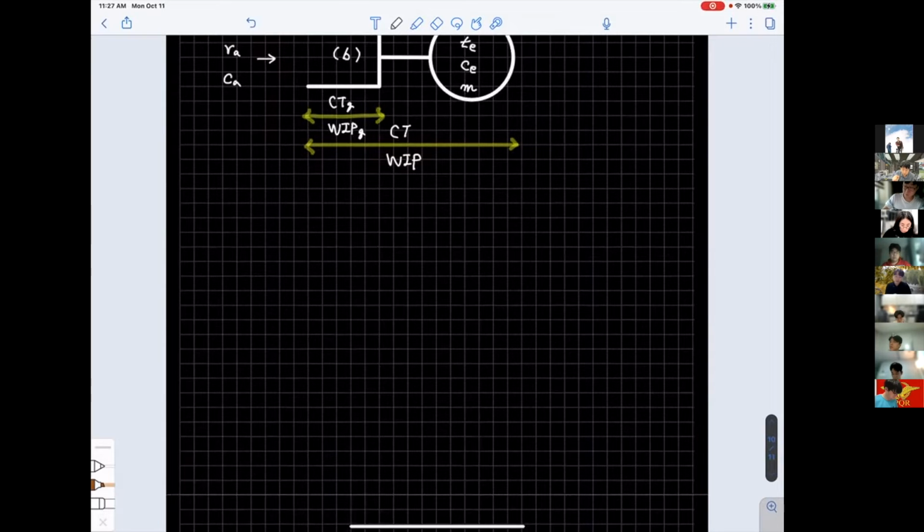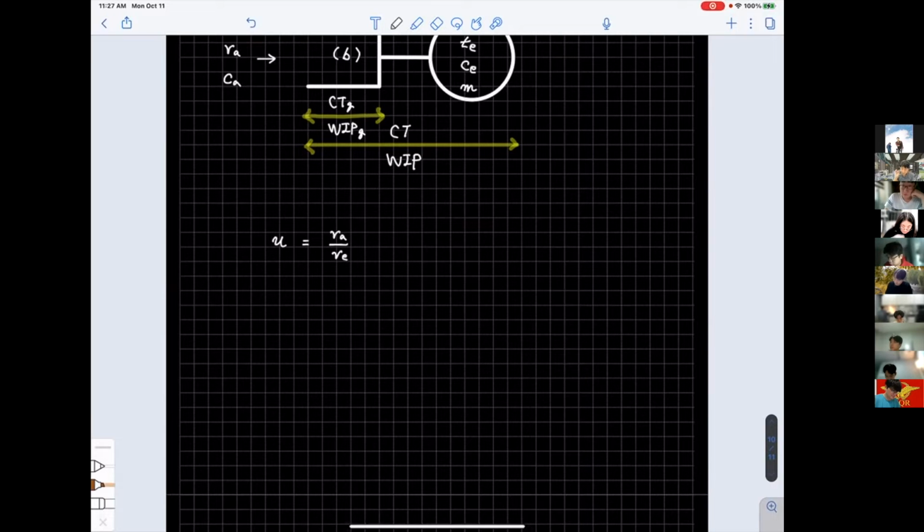When we are going to calculate the main performance measures, firstly, we have to calculate the utilization of the machine. And this utilization that we have studied as the RA over RE.